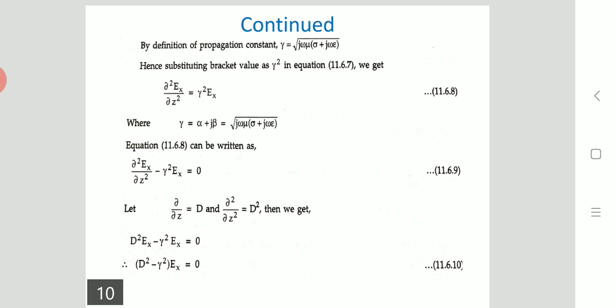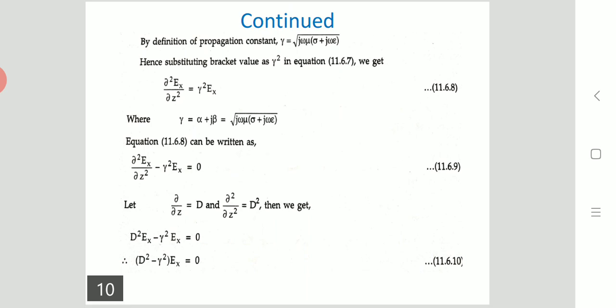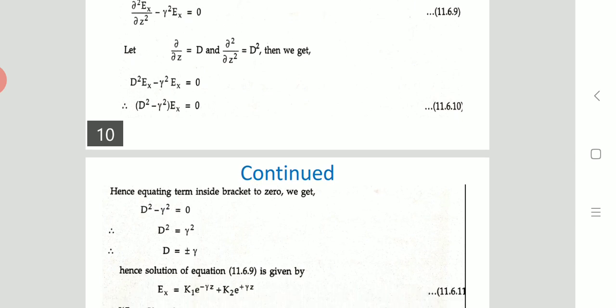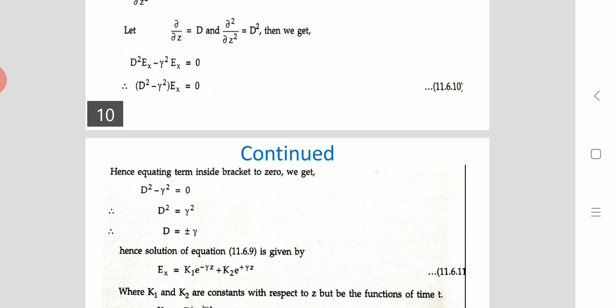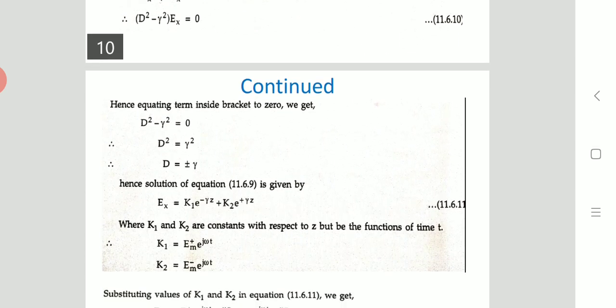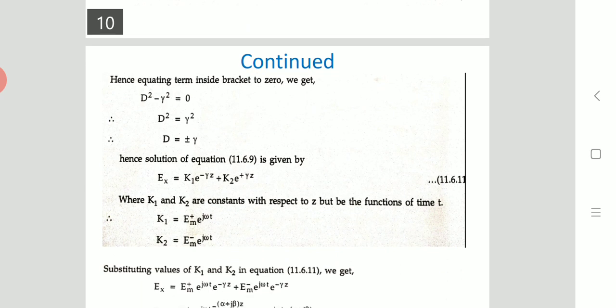This is equation 11.6.10. Hence equating the bracket term to 0, we get D square minus gamma square is equal to 0, hence D is equal to plus or minus gamma.